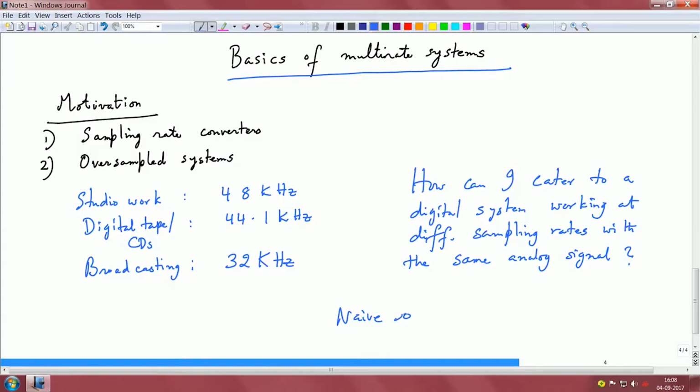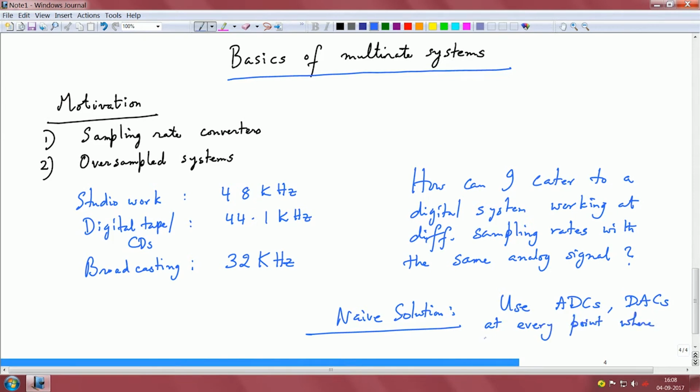A naive solution is use ADCs and DACs at every point where a conversion is needed.